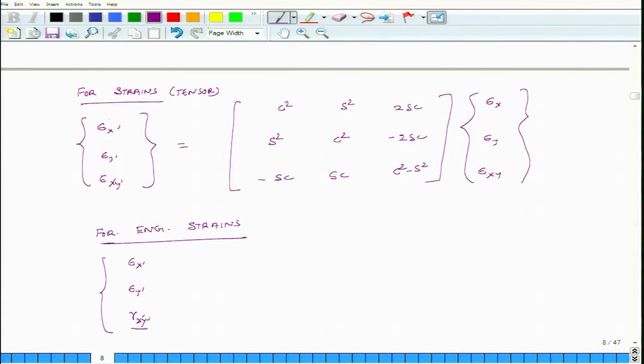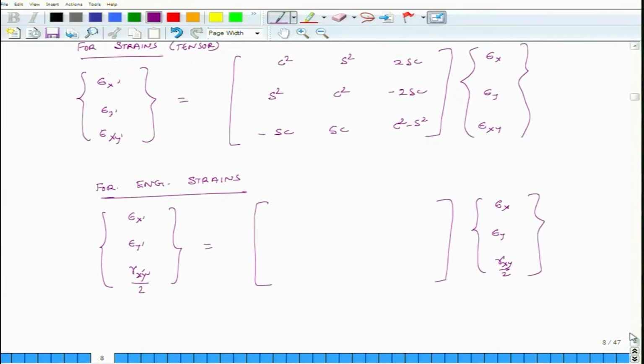So, to express it in tensor value, I just divide by 2, and this matrix remains the same, and here also it is epsilon x, epsilon y, gamma x y by 2, and this is what we get. So, this is how we transform the strain tensor or the engineering strain vector, and this is how we transform the stress tensor, and the transformation matrix remains the same.